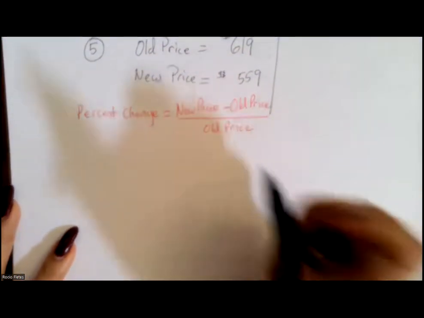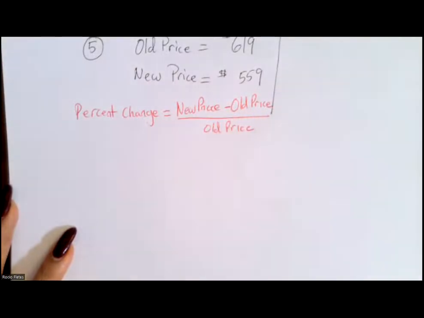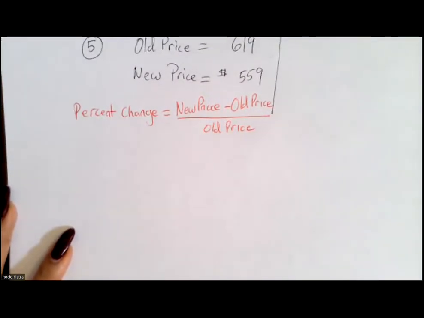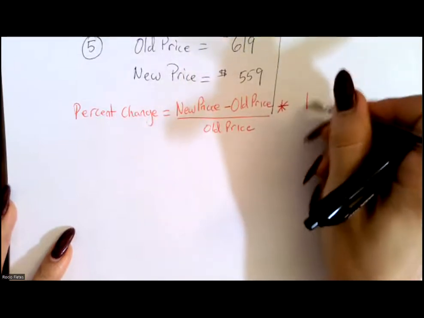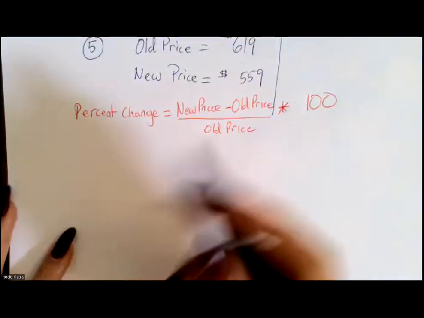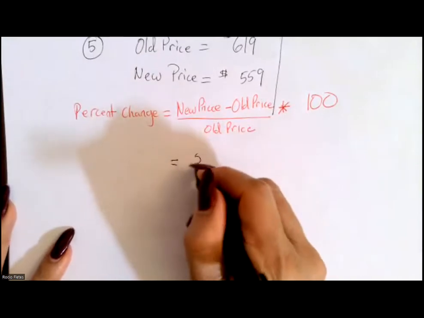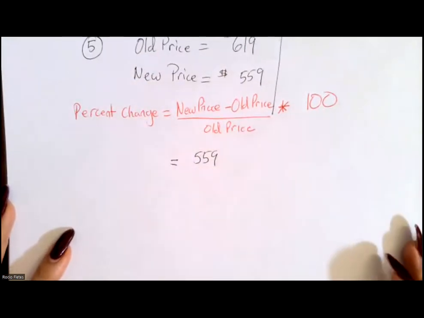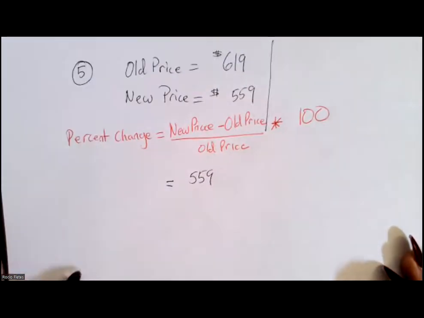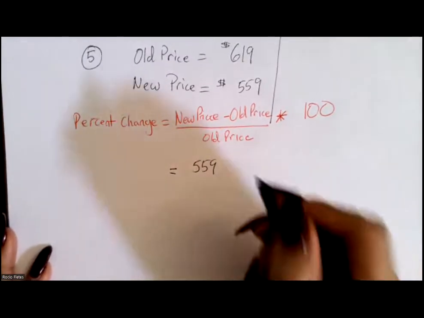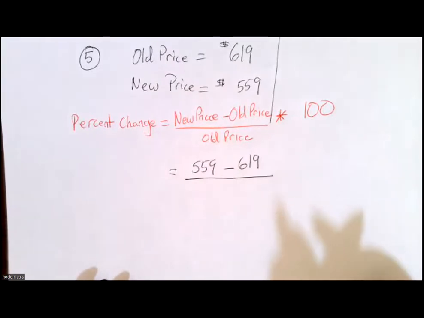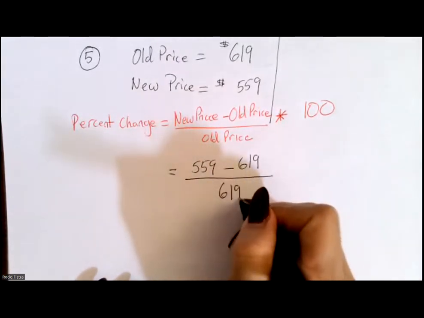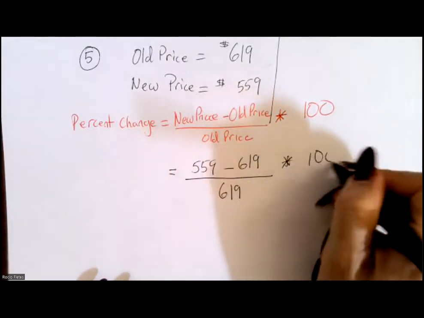Then you multiply the result by 100. So we have the new price here is 559, and the old price is 619. We're going to divide that by the old price, and then we're going to multiply that by 100.